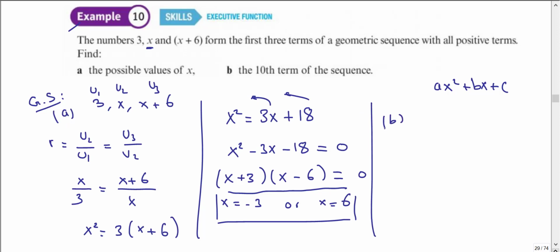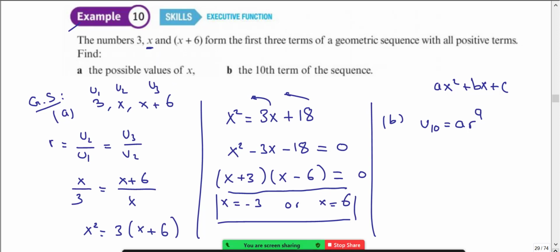Now to part B. The 10th term of the sequence. The 10th term is A R power 9. We want A and we want R. We already know two possibilities: x could be -3 and x could be 6.